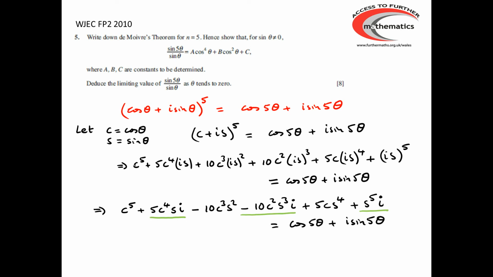So the imaginary parts on the left hand side must equal the imaginary part of the right hand side. So we have 5c to the 4 s minus 10 c squared s cubed plus s to the power 5 must equal sine 5 theta.